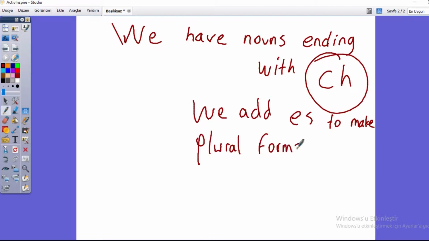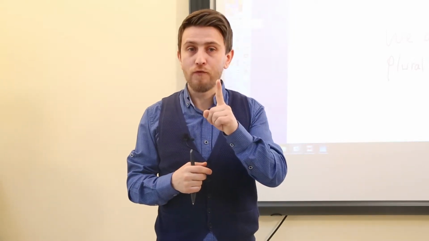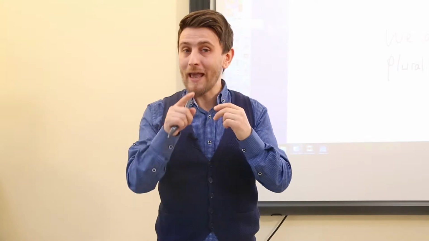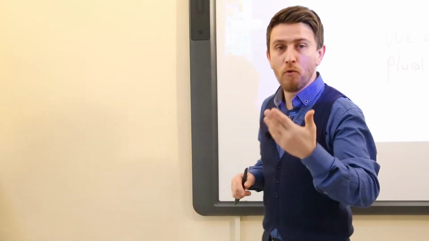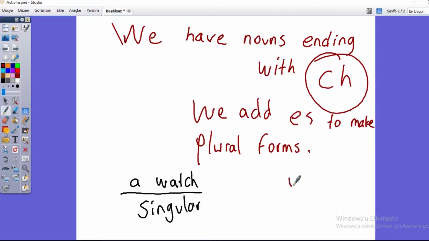Now let's give some examples. A watch. A watch, plural form, watches. So we add es. Let's write them. A watch is singular. To make plural form, we add es. So it becomes watches.